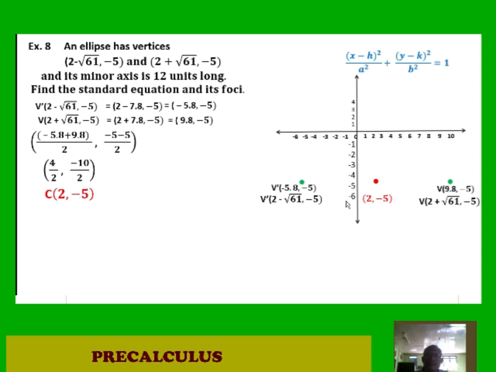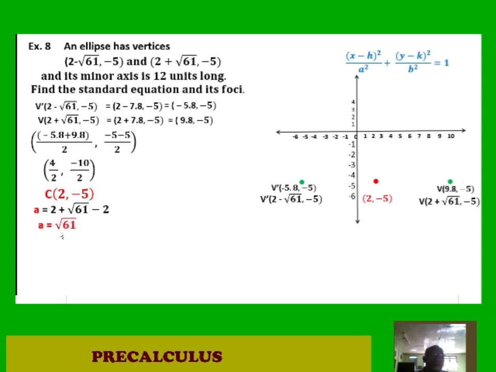Okay. Next, from the center to the vertex, that is the length a. From the center to either of the vertices, that is a as the length. So a is equal to, this is 2 plus square root of 61 minus 2, as the length of a.